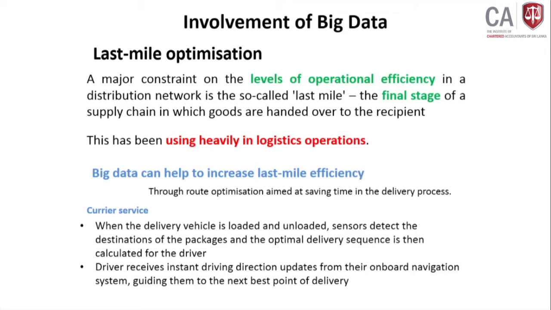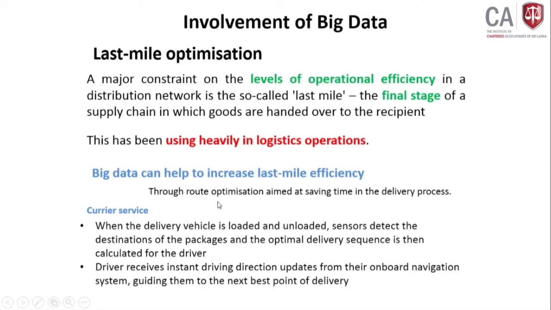Sometimes there can be issues in the logistic chain. Using big data, those can be avoided. And last mile optimization is the final stage of a supply chain, right? Please remember this one. Final stage of a supply chain in which goods are handed over to the recipient. So, big data can help to increase last mile efficiency.